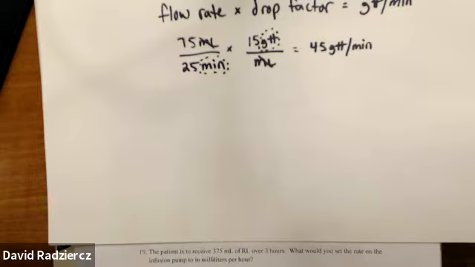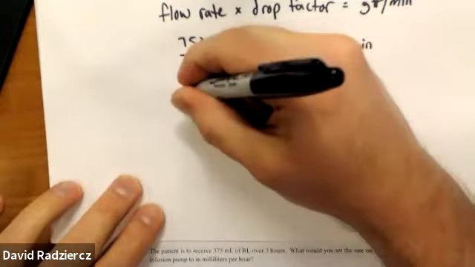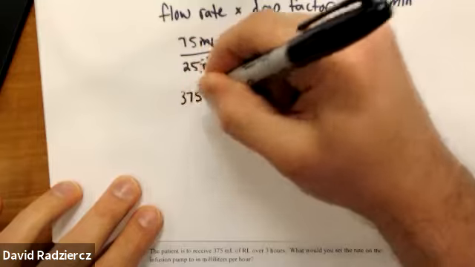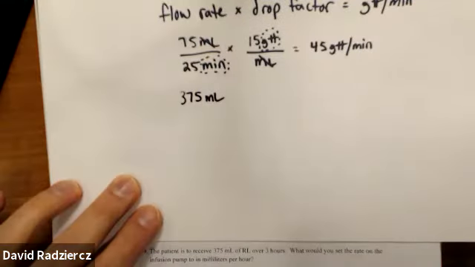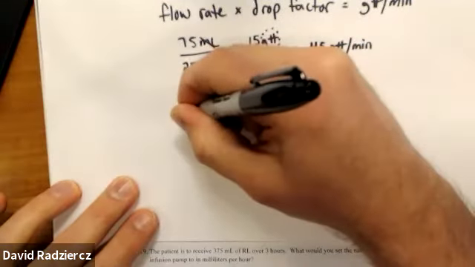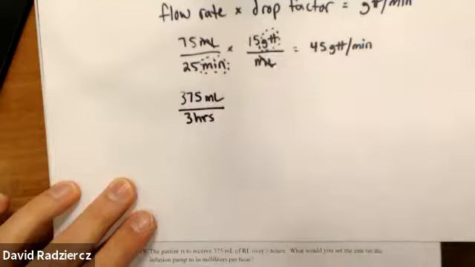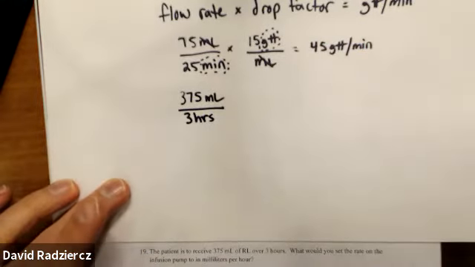Okay. So again, I know that it's hard to read, but it says the patient is to receive 375 milliliters of Ringer's lactate over 3 hours. It even tells you how to put it together. Okay. And then what would you set the rate on the infusion pump to in milliliters per hour?